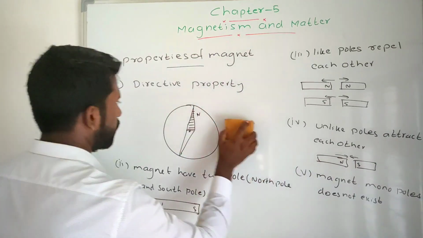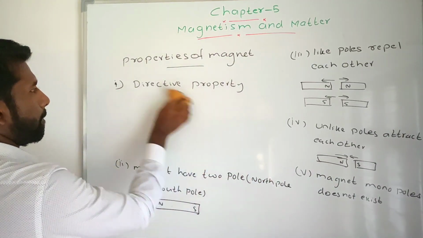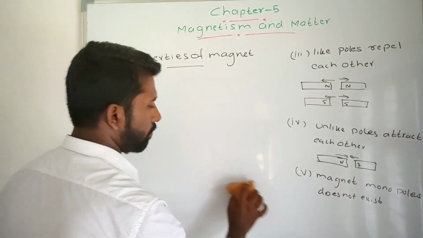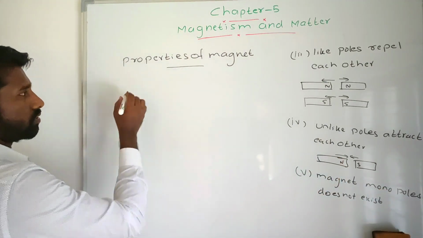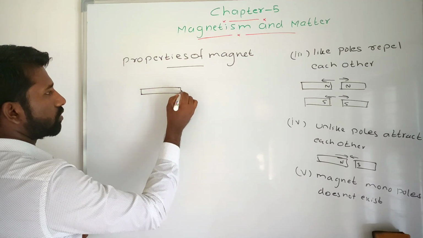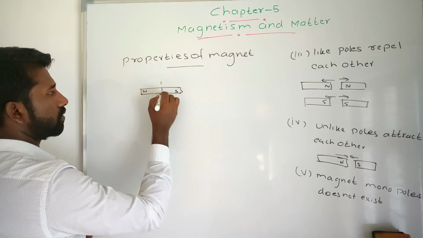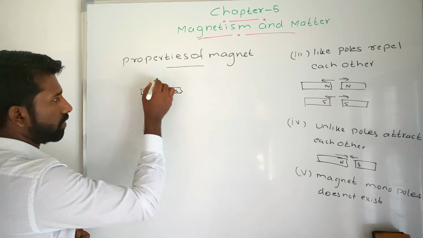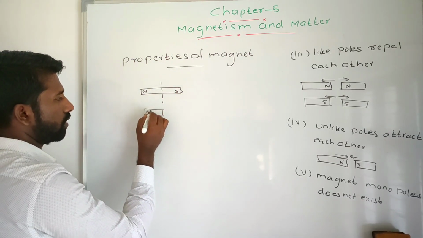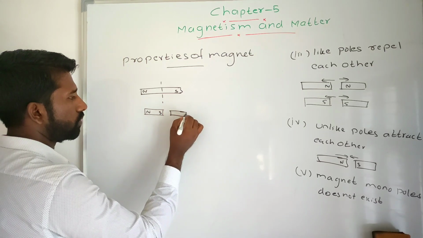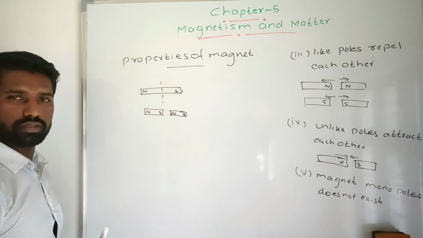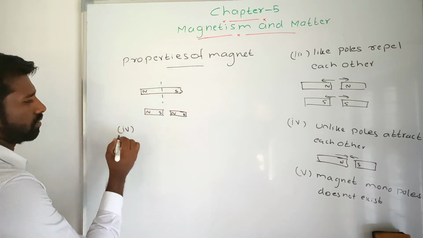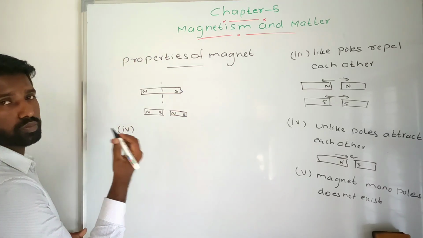That means if you split a magnet into two pieces, you get two other magnets with weaker magnetic properties. If I split this magnet, I will get two other magnets like this. Then the sixth property is that a magnet is possible to create.